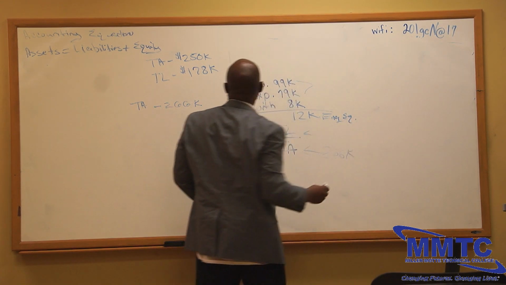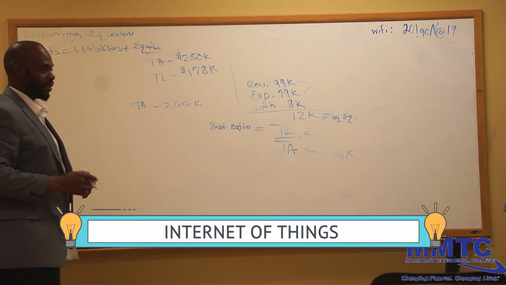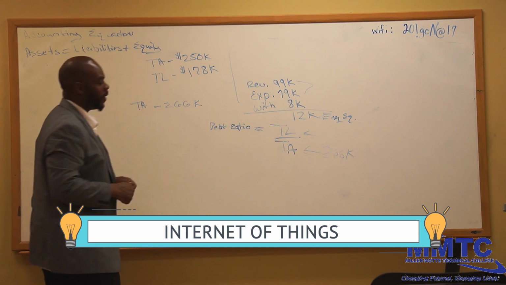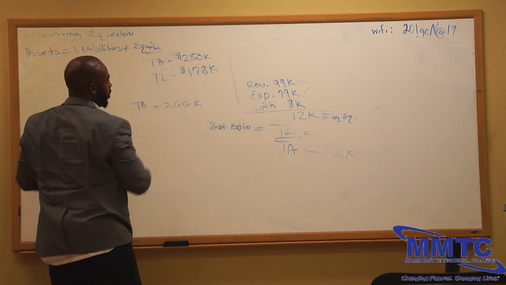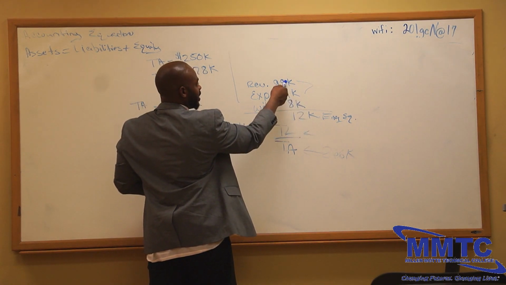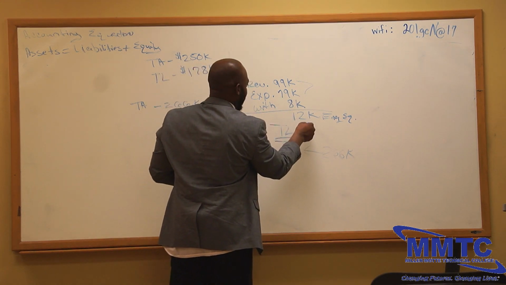Equity. Did it say anything about beginning equity in the question? Did it give us beginning equity? Nope. Okay, so now let's just find the difference. We got ending equity for the year, which is net income minus the withdrawals, leaving us with 12K.